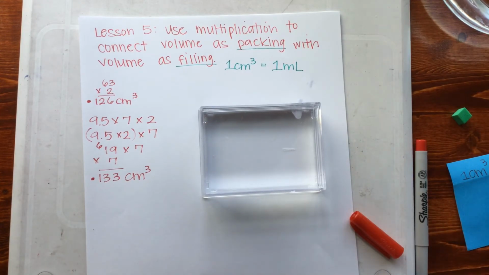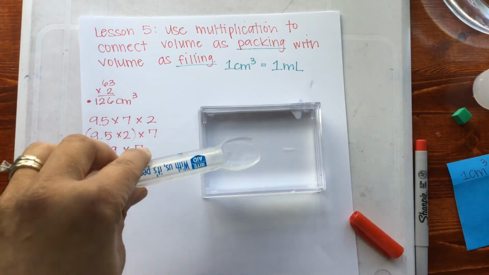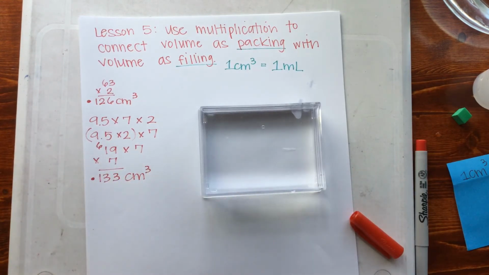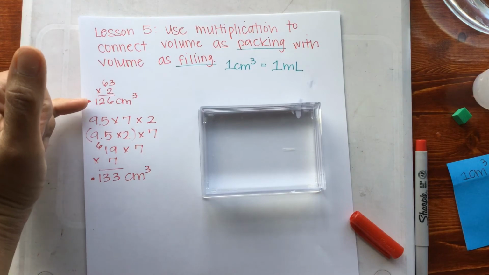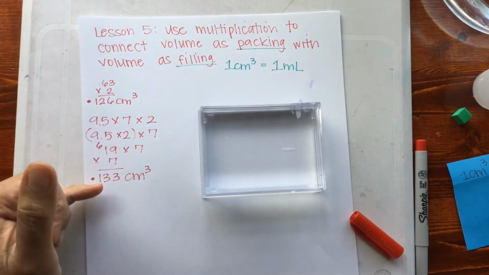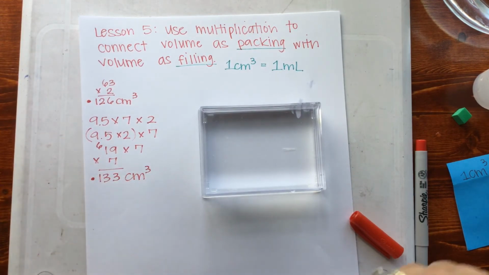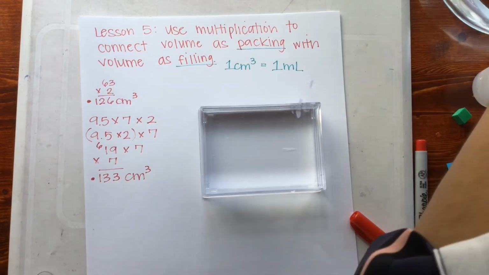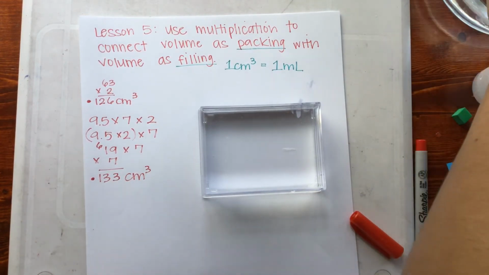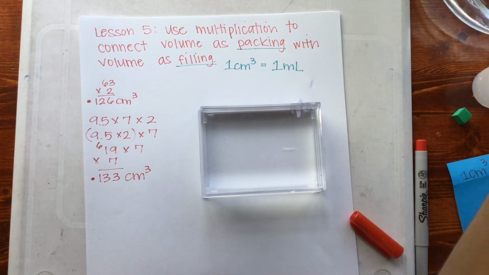Okay, so this would be 126 milliliters of water, and you can't see it, but I still have some room. So I'm actually going to add another 7 milliliters because I'm at 126 and I need to get to 133. So that's a difference of 7. So I'm going to do 7 more milliliters to see if we can fill in with this 133.